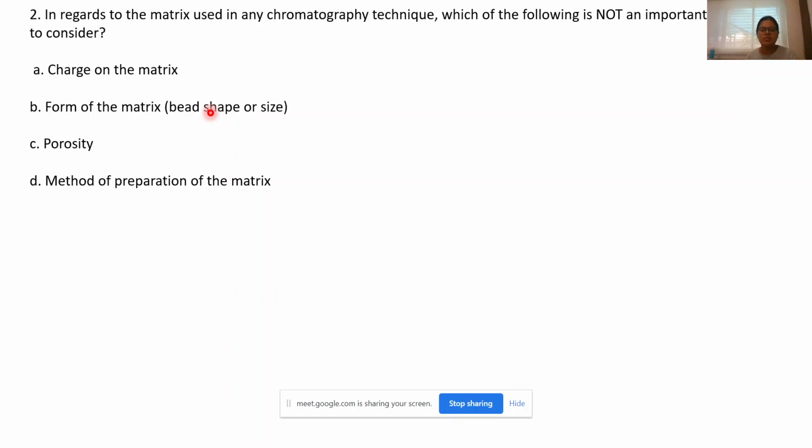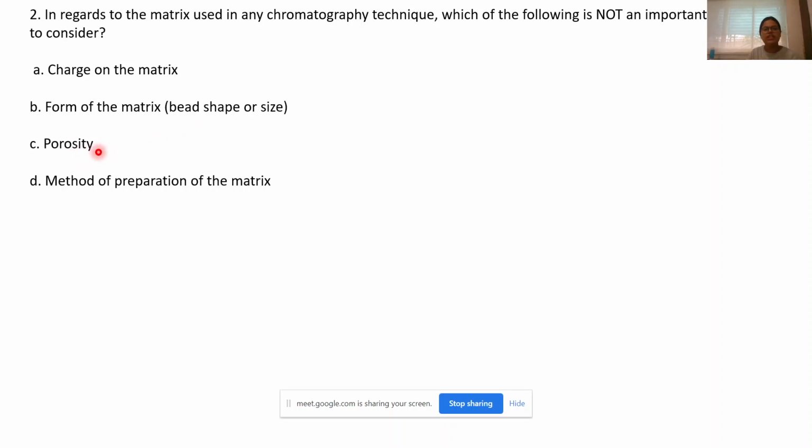If the bead size is bigger and the void volume is less, or vice versa, it will affect how the compounds present in your sample interact with the chromatographic matrix. So bead shape or size also plays an important role.